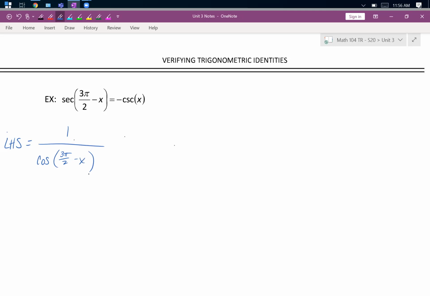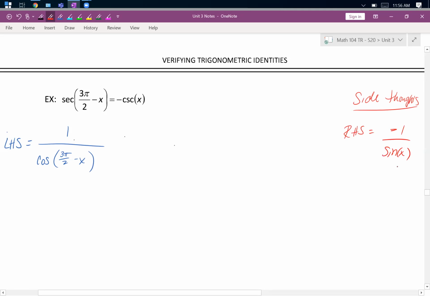So I guess that means that ultimately we're trying to get to, on the right-hand side, negative 1 over sine. That's what we're planning on getting to.